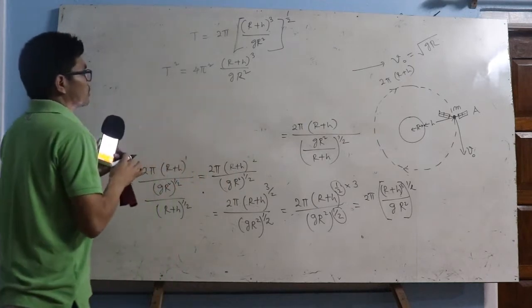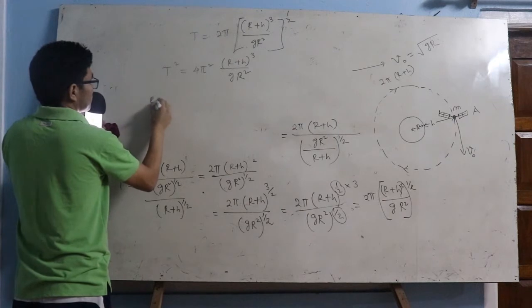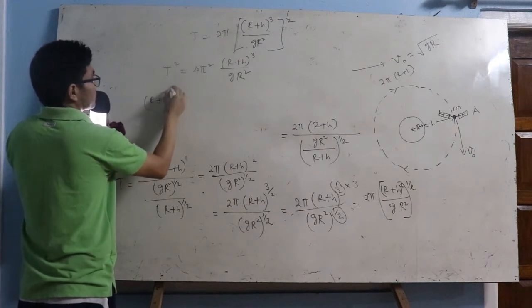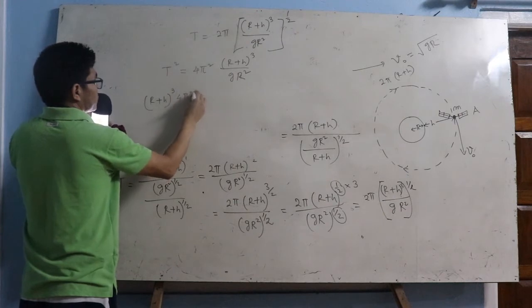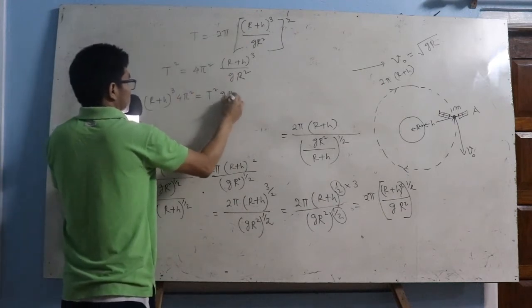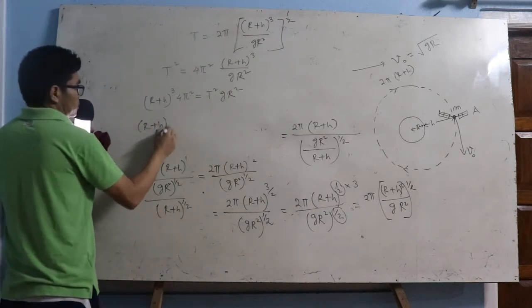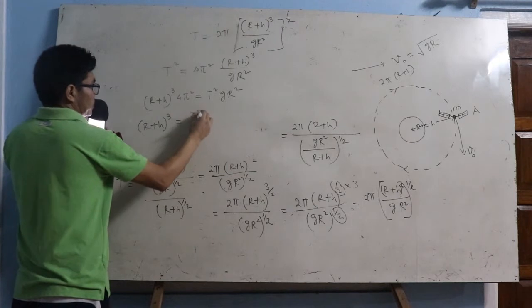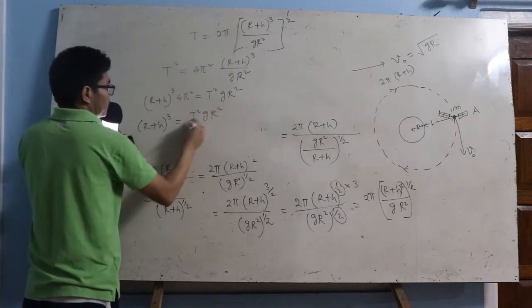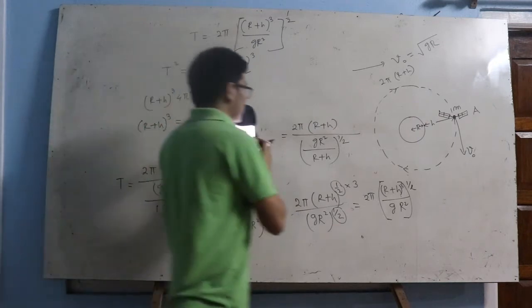Then doing cross multiplication, you will get (R plus h) cubed times 4 pi squared equal to T squared gR squared. Then (R plus h) cubed is equal to T squared gR squared divided by 4 pi squared again.